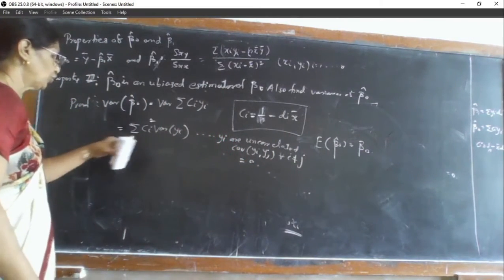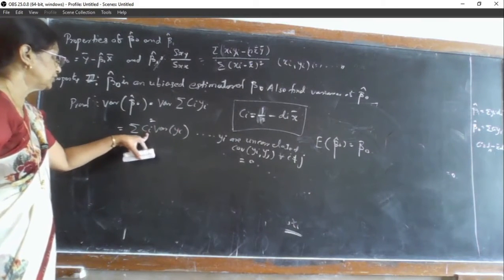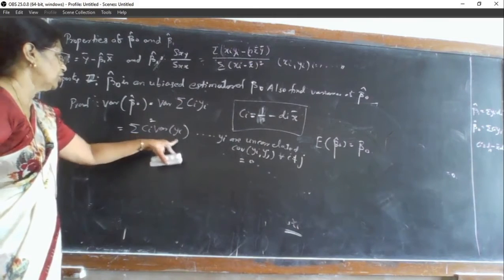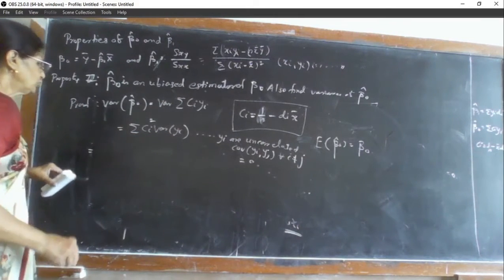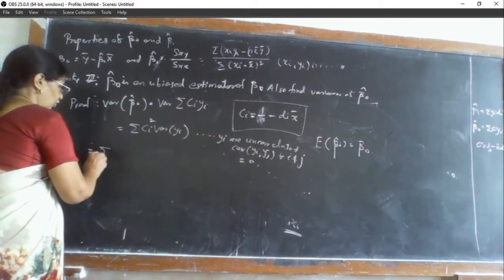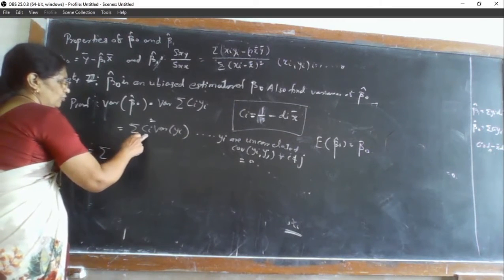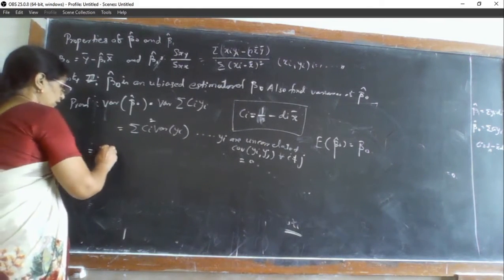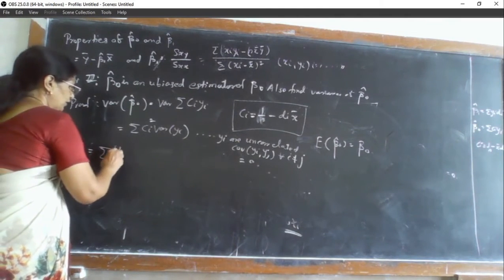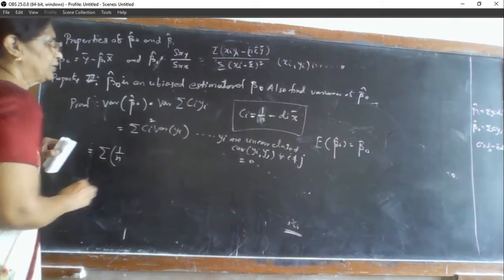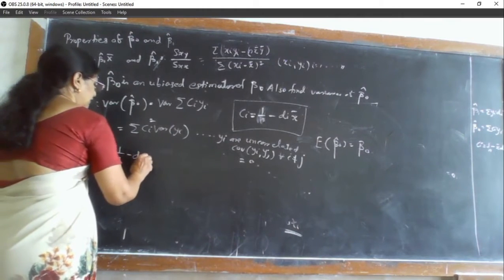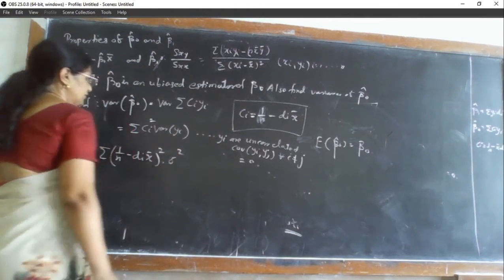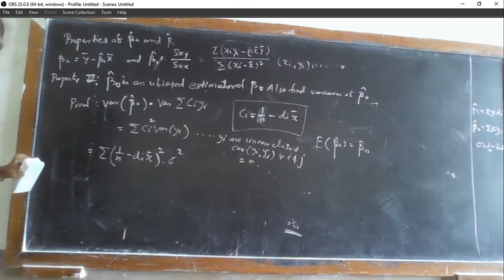Since covariance is 0, we can write Ci square will be outside and variance of yi. So this is equal to summation of what is your Ci square? Ci square is 1 upon n minus di into x bar square into variance of y is sigma square.